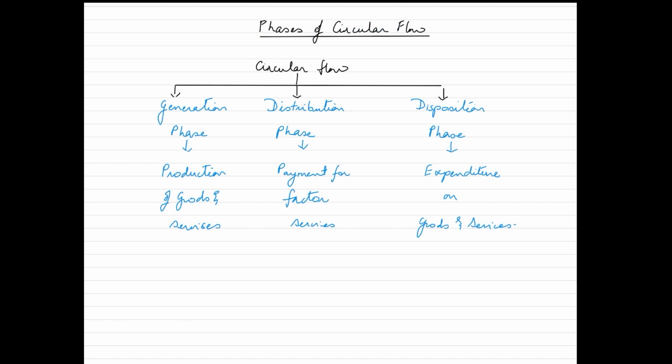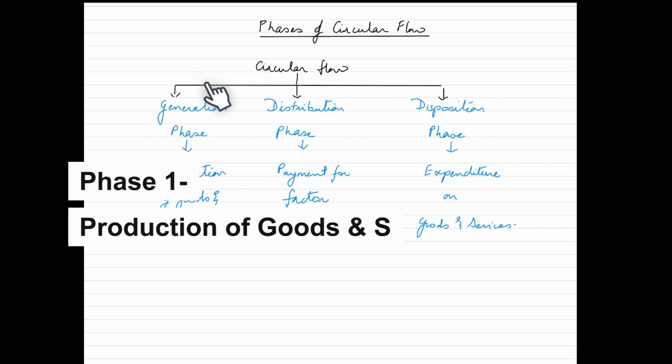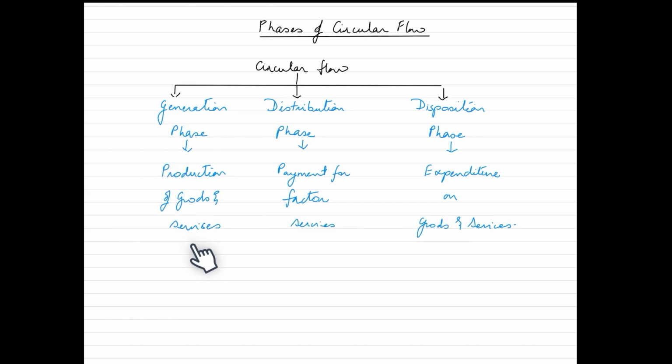Given the definition, we can conclude that the circular flow of income comprises three different phases. Phase 1 is the generation phase, and it deals with production of goods and services with the help of factor services like land, labor, capital, and entrepreneurial skills.